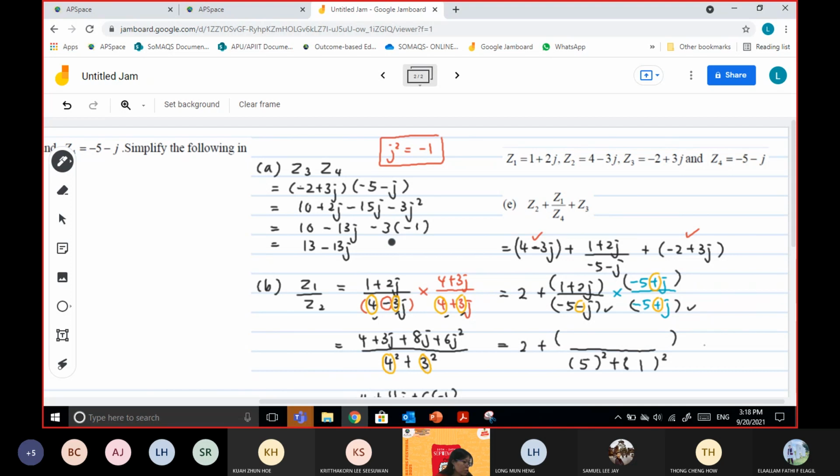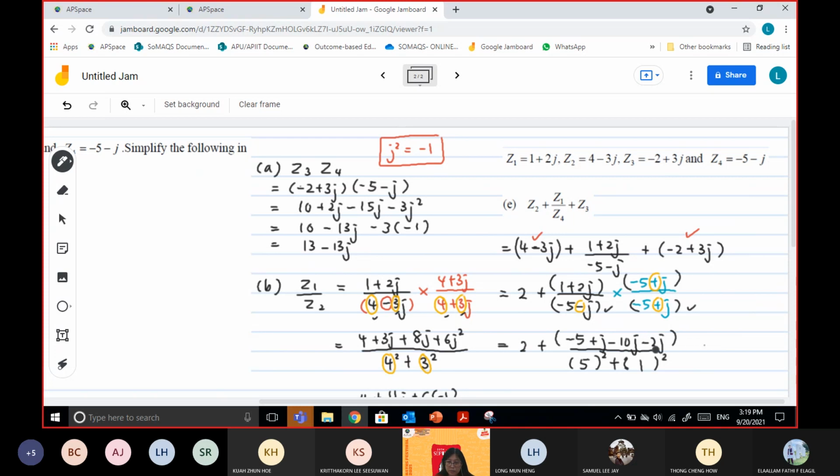Minus 5 minus j, 9j minus 2. So minus 5, then 1j minus 10j, minus 9j, correct? Then plus 2j square, which becomes minus 2.